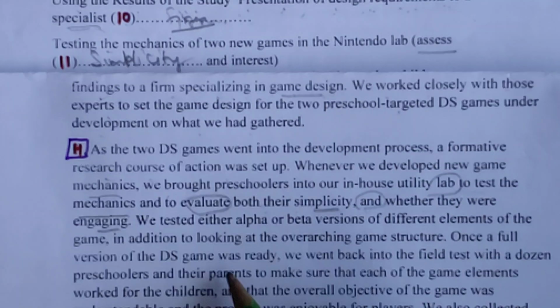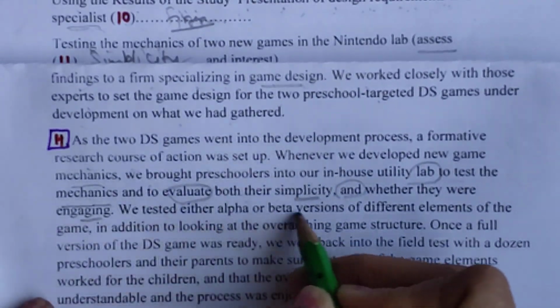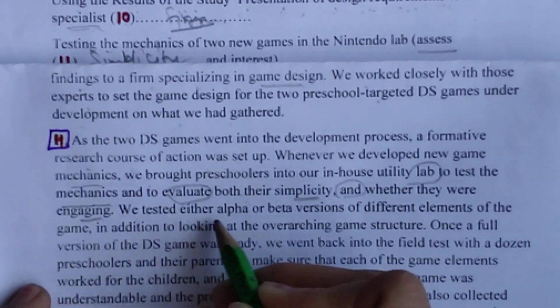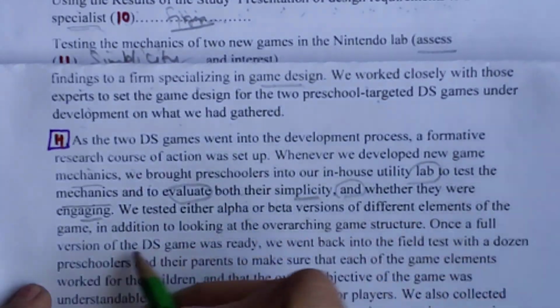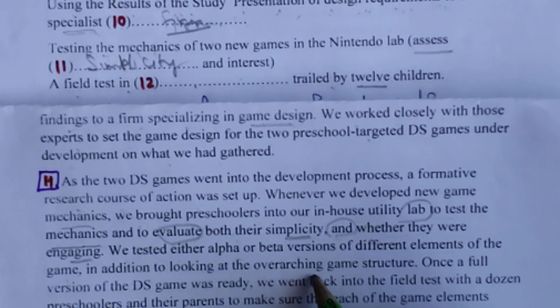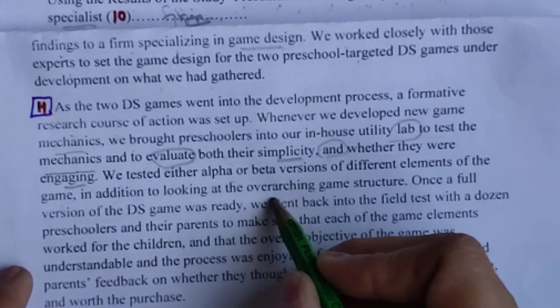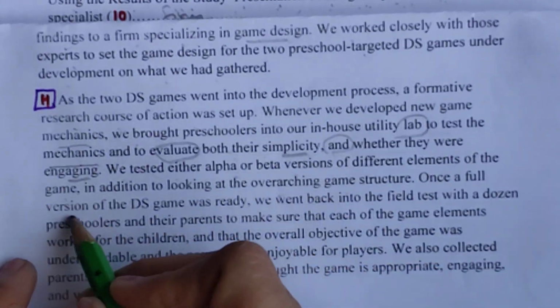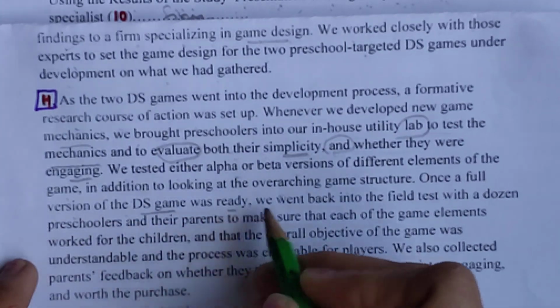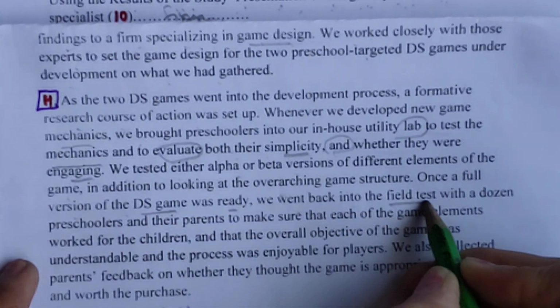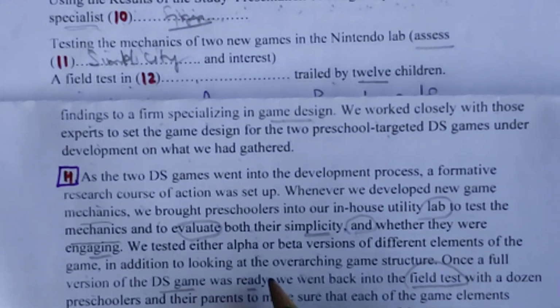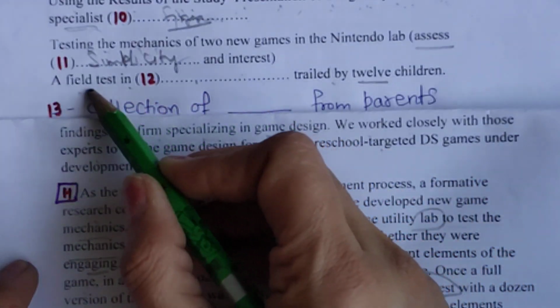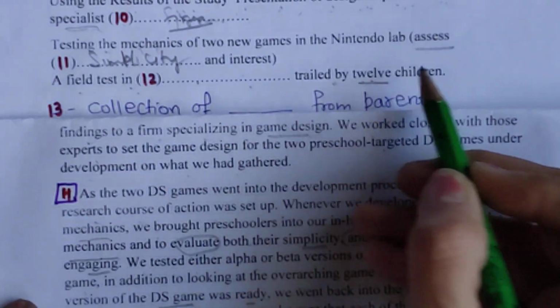Okay, field test. We tested alpha or beta versions of different elements of the game in addition to looking at the overarching game structure. Once a fully developed version of the game was ready, we went back into the field test. It means the answer will be a field test trialed by 12 children.